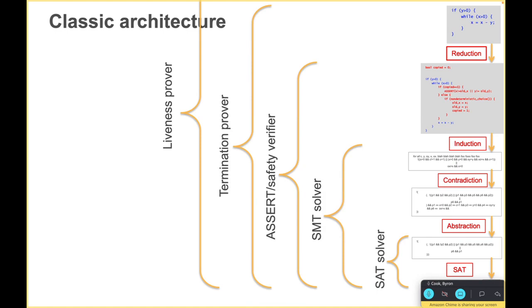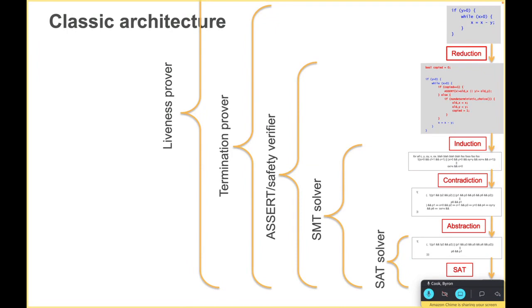This allows us to see the overall architecture. I'm not going through this, but if you prove temporal properties like liveness properties, there are a couple of ways to reduce that to termination. There's the classic way where you reduce it to fair termination, but there's also some work, which you can see on my webpage, about how to reduce LTL or CTL by different methods to what is ultimately a large set of termination questions.